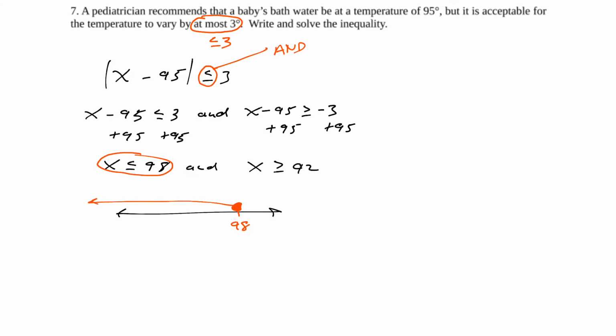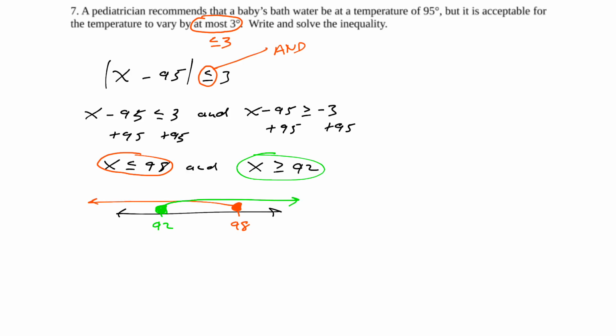Then, same thing as all the other problems, we're going to do the inequality on the right in green. We're going to put 92 on our number line. Well, that would go to the left of 98. That one has the equal to bar, so we're going to make a solid circle. And this one, x is greater than or equal to 92, so we're going to shade to the right.